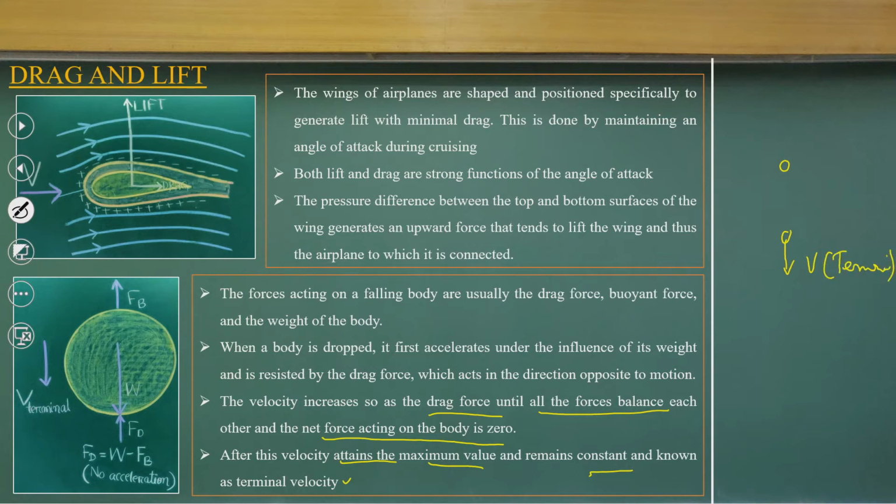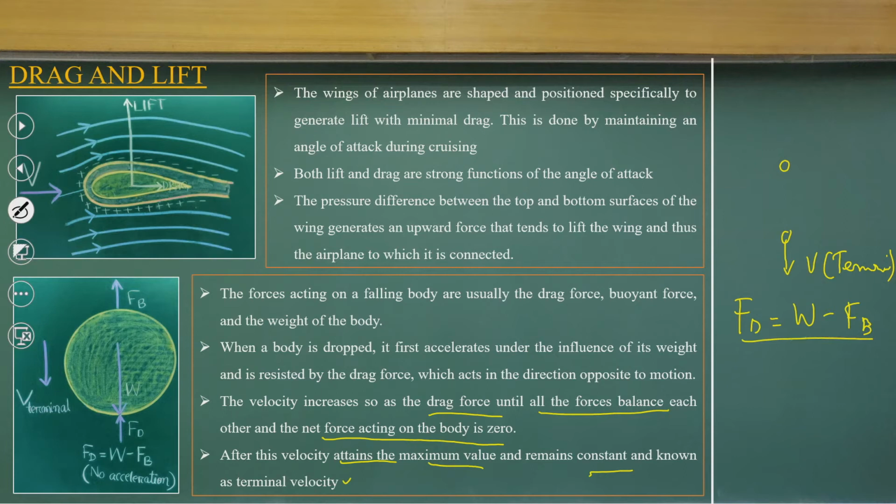That is the condition when you have a balance between the buoyancy force, weight and the drag force. So, if it is moving with terminal velocity, the drag force is equal to weight minus buoyancy force. That is what you can easily compute.